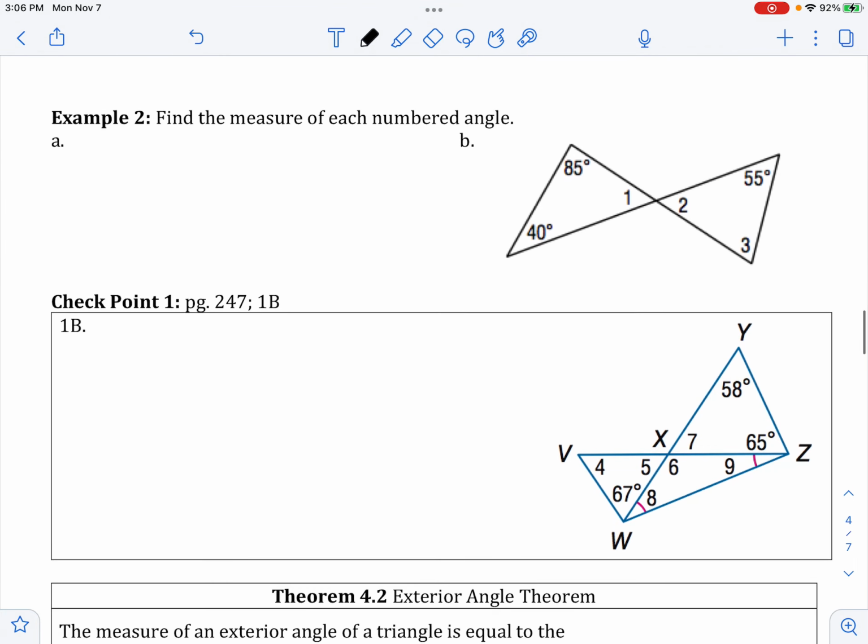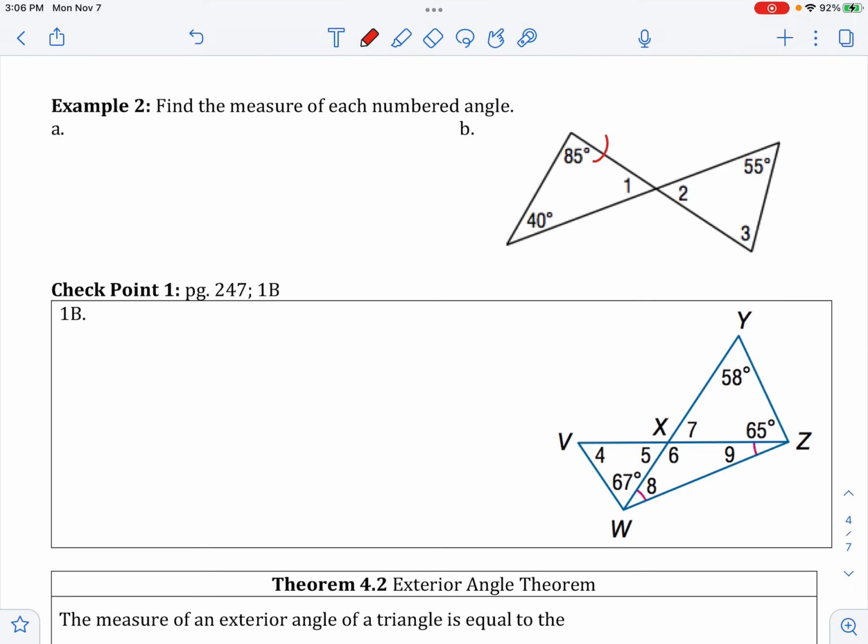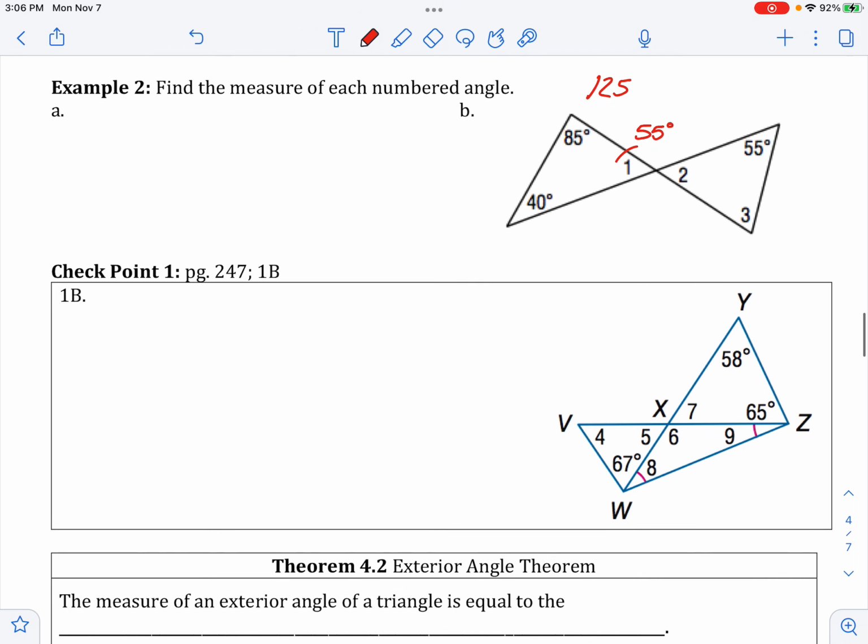So let's look at some examples. Finding the measure of each angle. I've got 85 and 40, so I can find that's 125. That means that angle 1 must be 55. And if you're feeling confident on this one, I think you could pause the video and find your other two angles as well. And then we can talk through checkpoint 1B together.